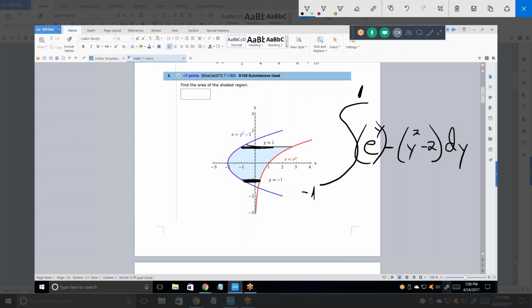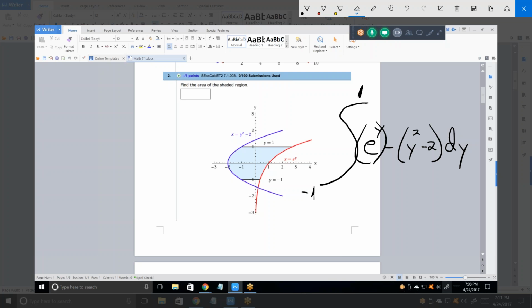And like I said, I'm going to integrate along the y-axis, and then I'm going to sum up each of those rectangles to get my answer. And that's basically what this integral sign means, is I'm summing up all of these functions, but I'm doing this along the y-axis.